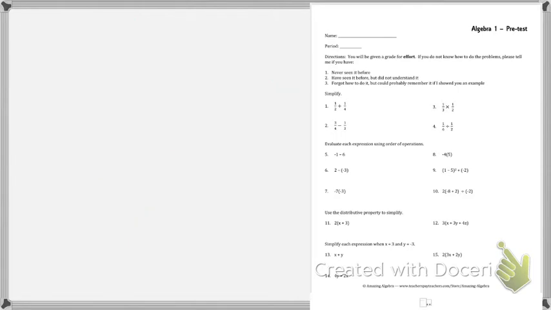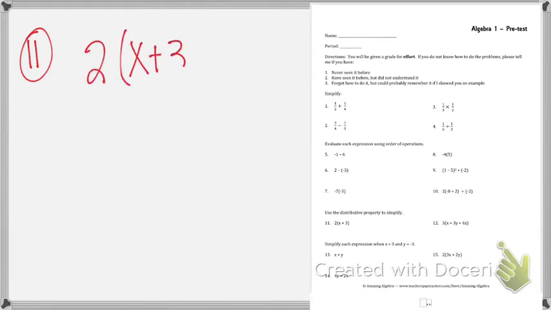All right, next we have the distributive property. The distributive property is you take your number on the outside and you multiply with everything on the inside. Okay, so number 11. 2 times x plus 3. My 10th graders that I taught last year like to call the distributive property the rainbow method because we make a rainbow, okay, with each term.